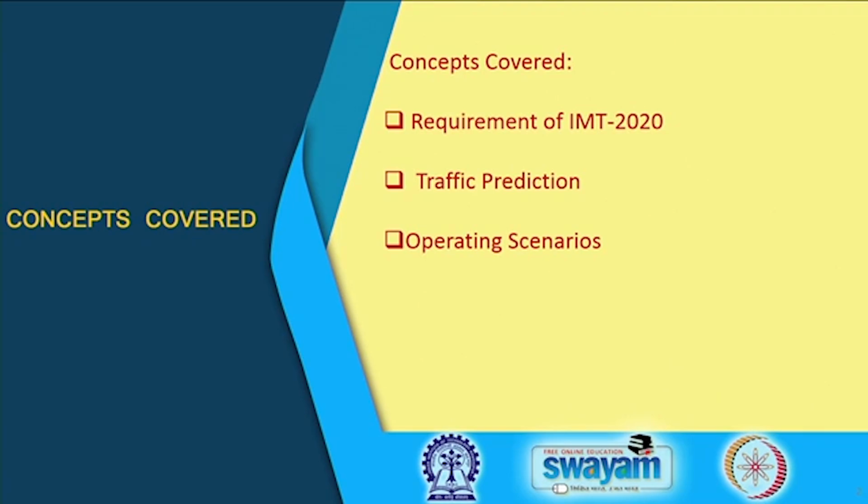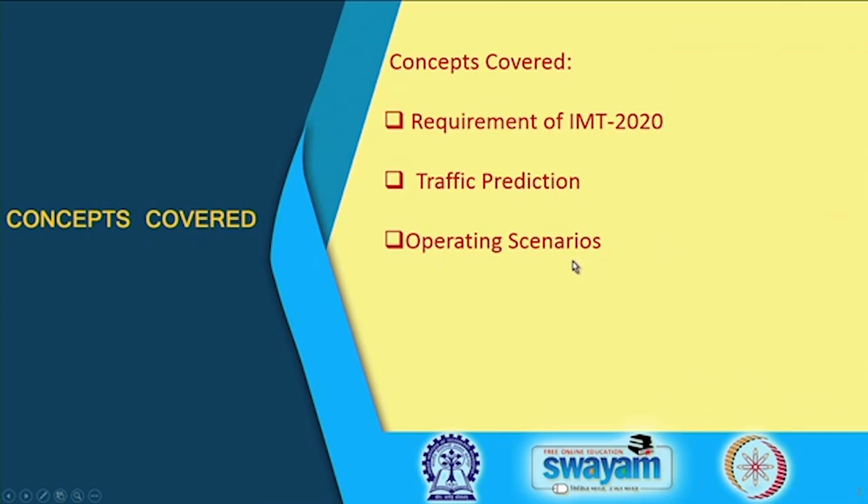So far we have discussed the previous generations, that is the second generation, the third generation, the fourth generation, that is IMT Advanced, and now we are at the doorsteps of talking about the fifth generation, given our basic understanding of what prevails, so that we can compare and see what new things are going to come up. In this discussion, we will look at the requirements of IMT 2020, also traffic prediction and the operating scenarios.